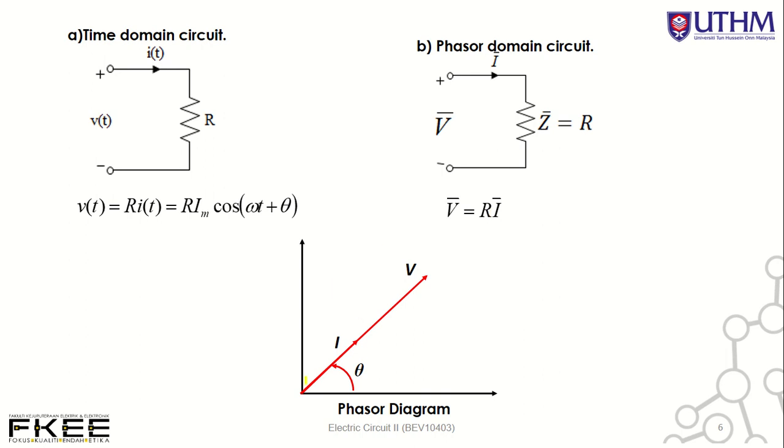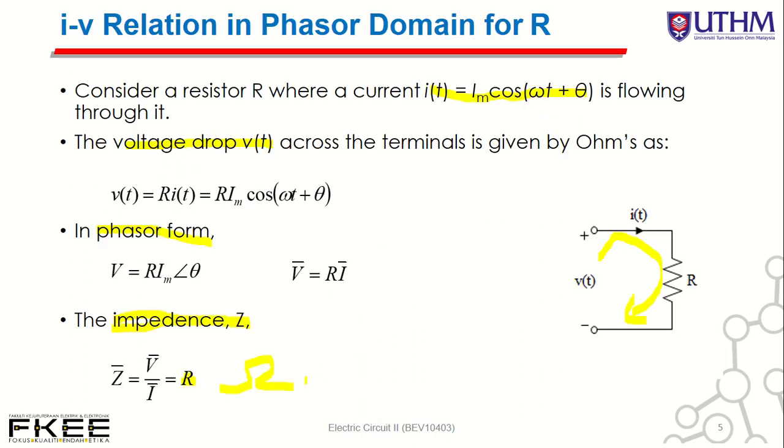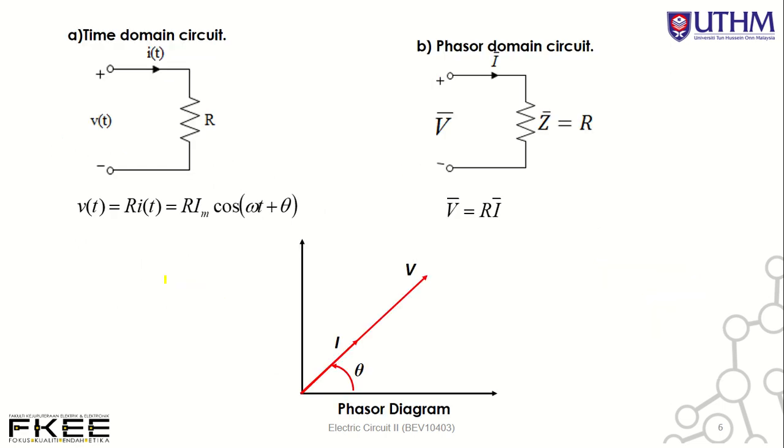V is V angle theta, and I is also I angle theta. So in the phasor diagram for the R circuit, V and I are in phase because they have the same angle theta.